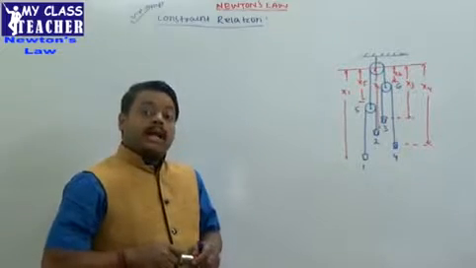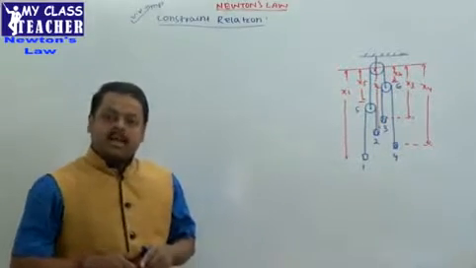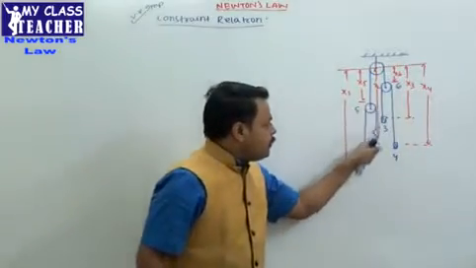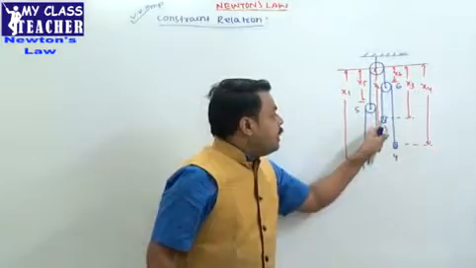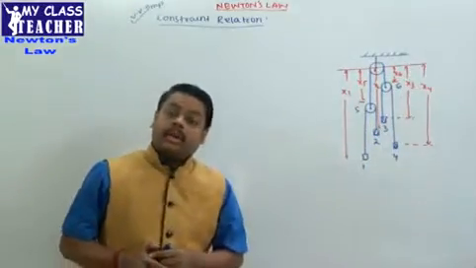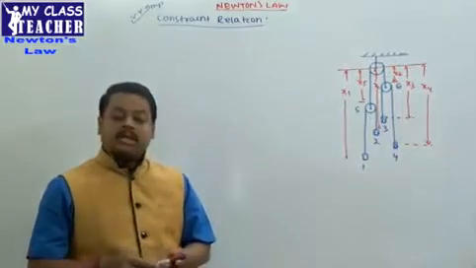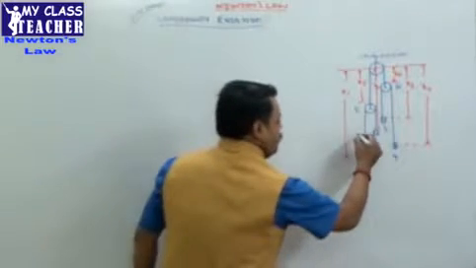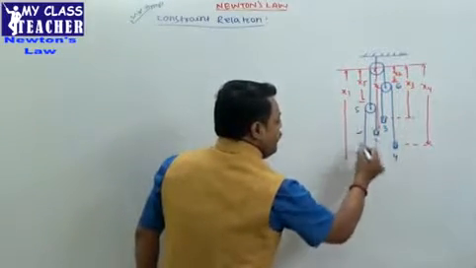Now we have to write the total length of the strings. How many number of strings are there? Number of strings are 3. This is 1, this is 1 and this is 1. Since 3 strings are there, that means we have to write 3 constraint equations or 3 constraint relations. What is the length of the first string? If I say this is string number 1, what will be its length?